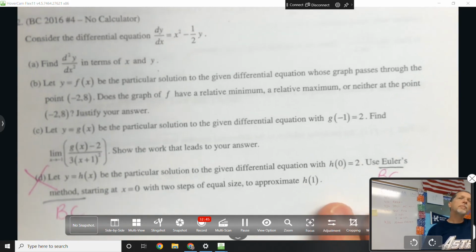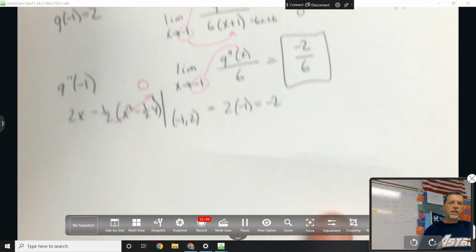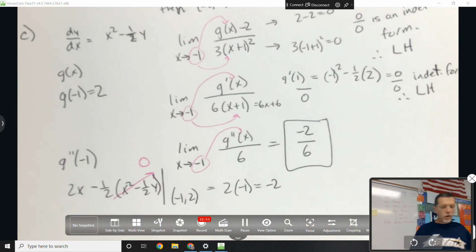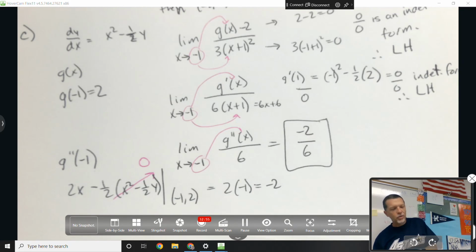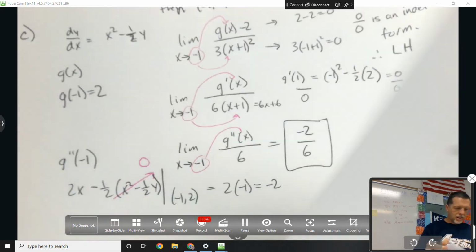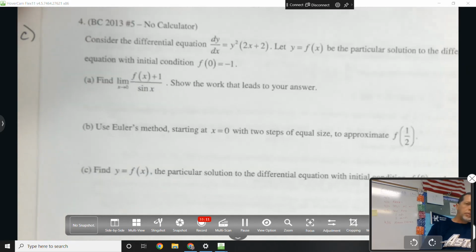Back to that. On your test, you will not have an Euler method question. So if you peek ahead on free response question number 4B, use Euler's method, nope, we don't do that.